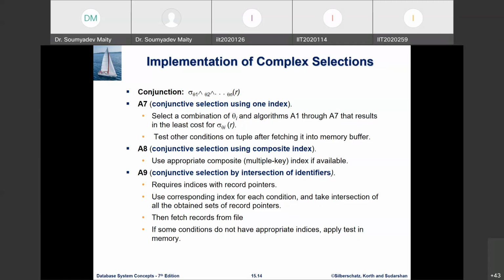Apply theta 1 to get the record pointers only, not the data, just the record pointers in main memory. Similarly, apply theta 2 and get a set of record pointers, and so on up to theta n. Then you calculate the intersection of all those sets. Certainly this will give you the pointers to the intended records only.